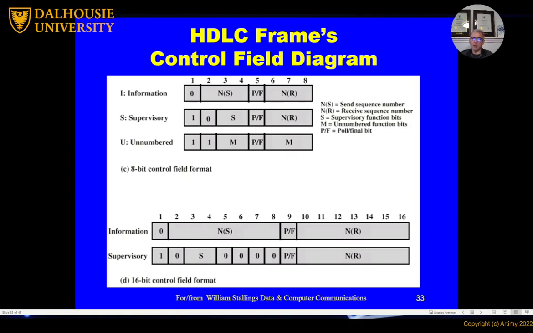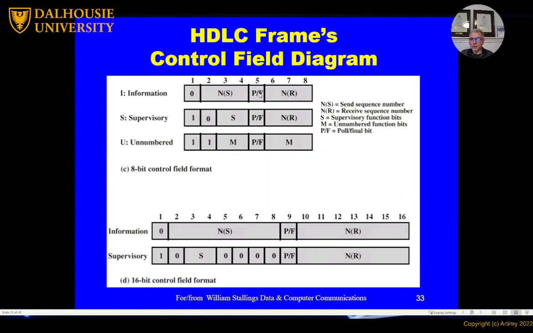Remember when we talked about go back N protocol, we need to number the frame 0, frame 1, frame 2. So this is where the frame number goes. We also talked in the previous lecture about piggybacking the acknowledgement with the normal frame. So this is the acknowledgement field, also 3 bits, and it's used to piggyback the acknowledgement on top of the regular frame.